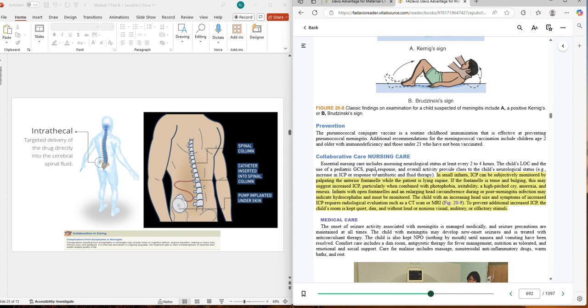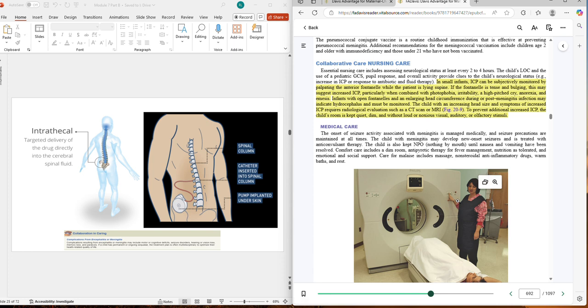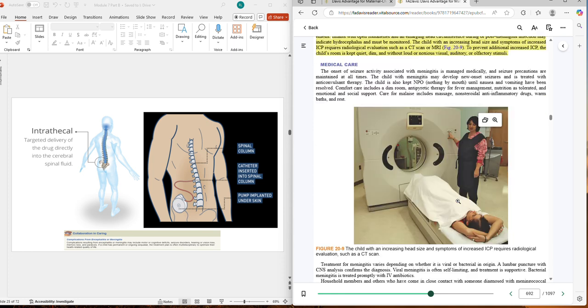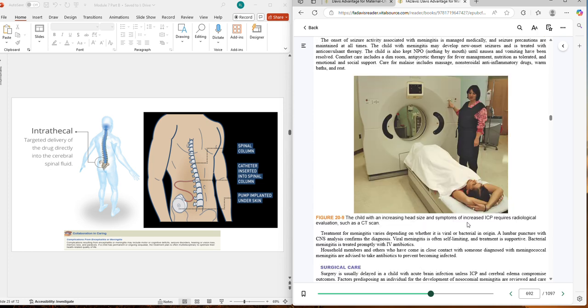All right, let's go to 692. We'll continue that. Medical care. This is a CT scan being done on a child to look for that increased ICP. Another wink and lollipop is bacterial meningitis is treated promptly with IV antibiotics.